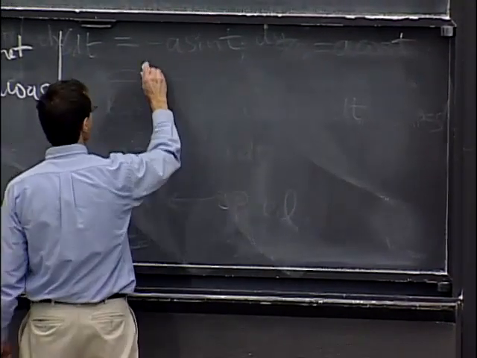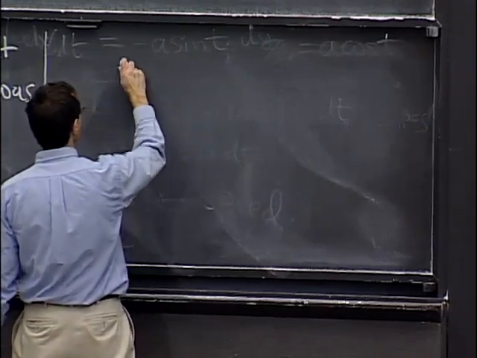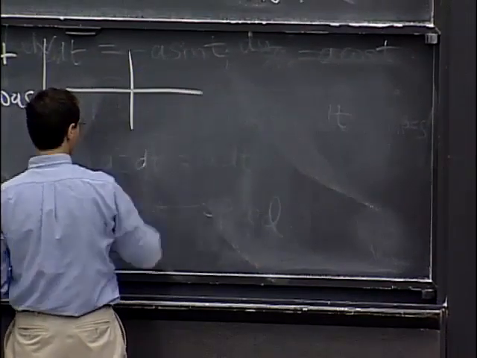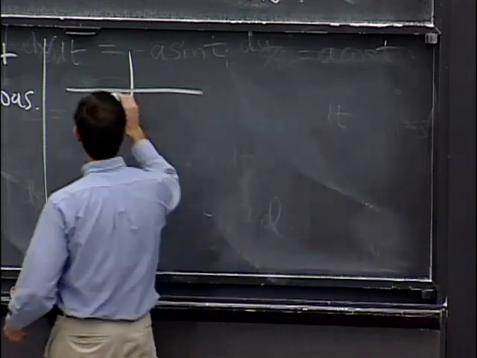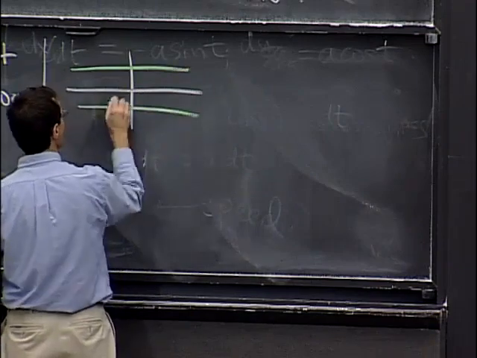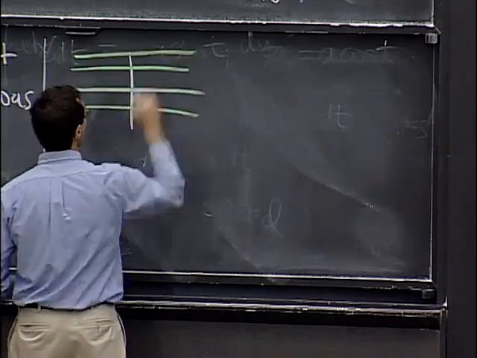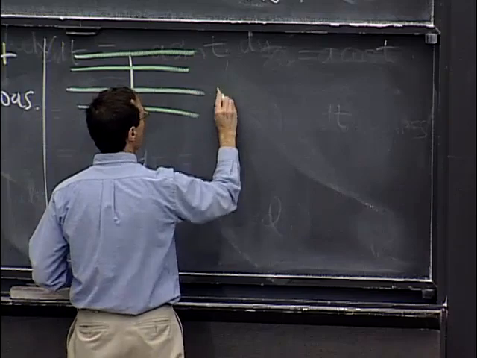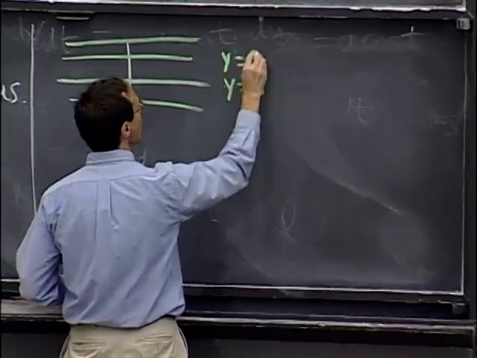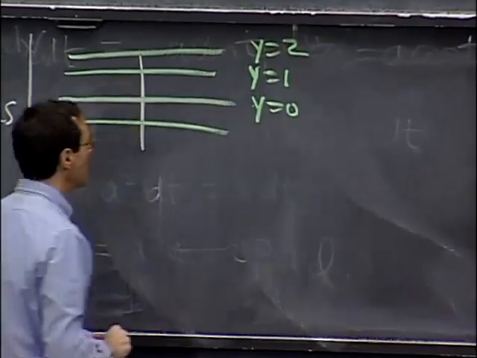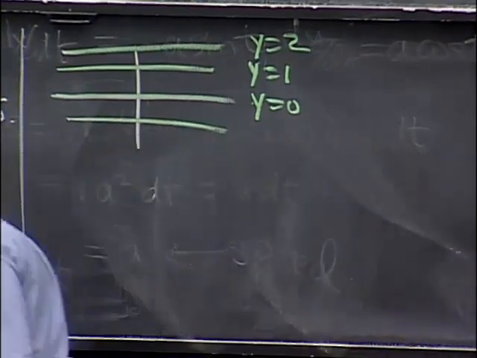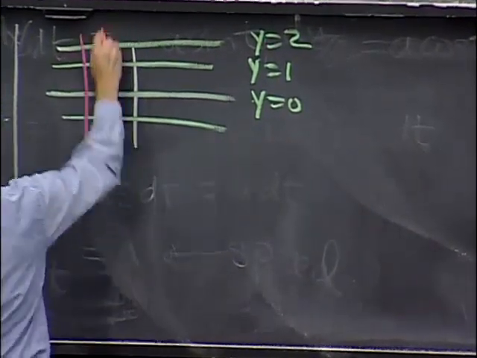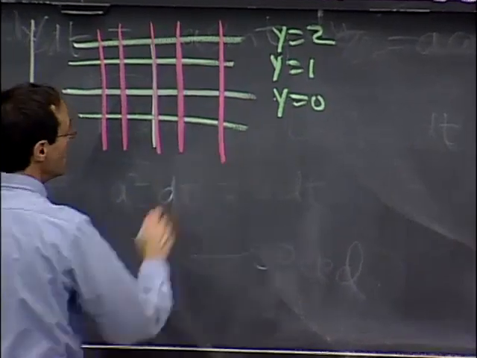So the coordinate system that we're used to is the rectangular coordinate system. And maybe I'll draw it in orange and green here. So these are the coordinate lines. Y equals 0, y equals 1, y equals 2. That's how the coordinate system works. And over here, we have the rest of the coordinate system.